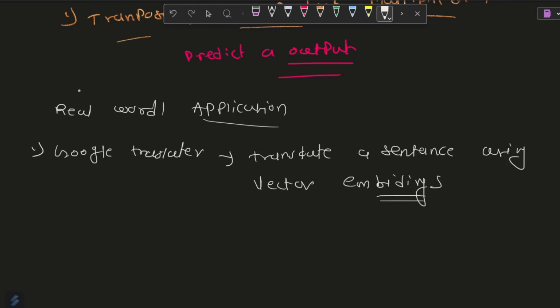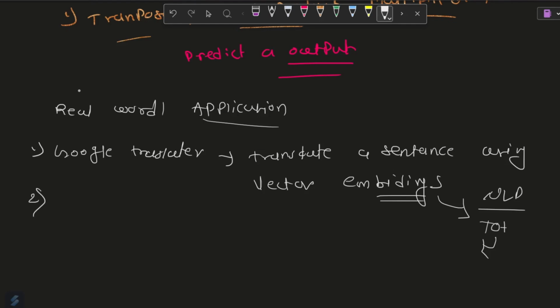Embedding is very useful when you learn about NLP, data science, and machine learning. Embeddings are very useful to extract words or sentences. In NLP, we are going to learn about tokenization, to separate out your data, basically your sentences. So this is for Google Translator.